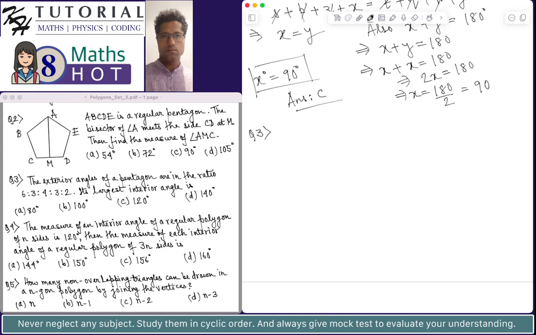Its largest interior angle is... Now if the ratio of all the exterior angles of a pentagon is given, we can easily find out each of the exterior angles, since we know that the sum of the exterior angles of any polygon of any number of sides is always 360 degree.